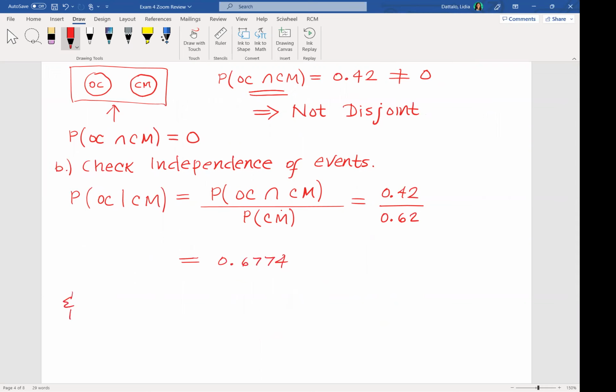And we want to note that to be independent, then the probability of on campus, given that you get a campus meal, has to be equal to the probability of living on campus.